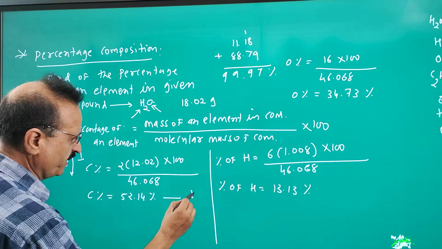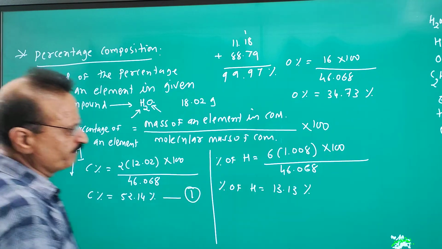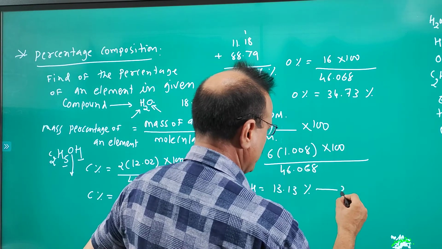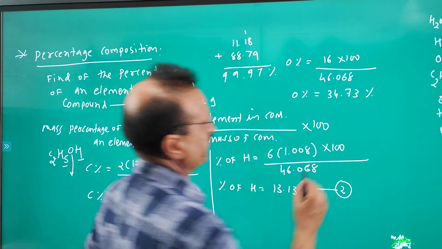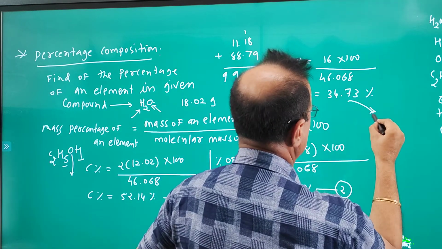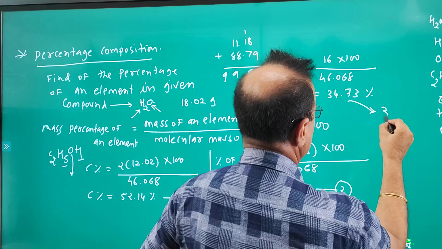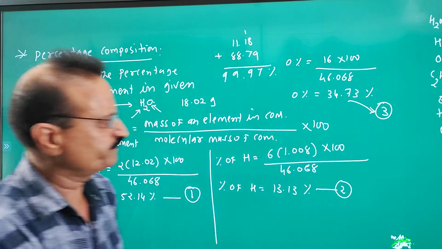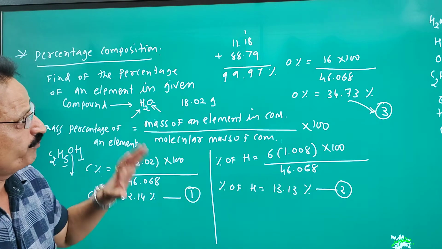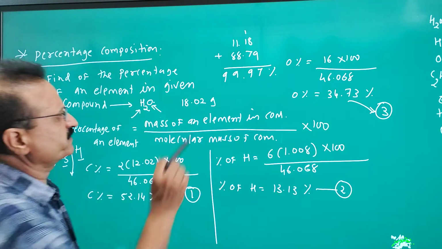Percentage of carbon is 52.14, percentage of hydrogen is 13.13, and percentage of oxygen is 34.73. Now you make the sum of all these percentages.